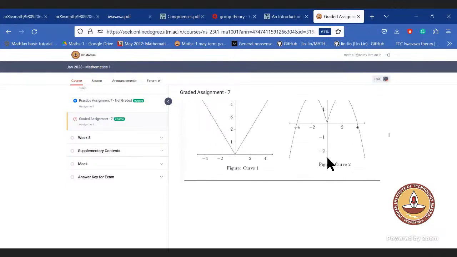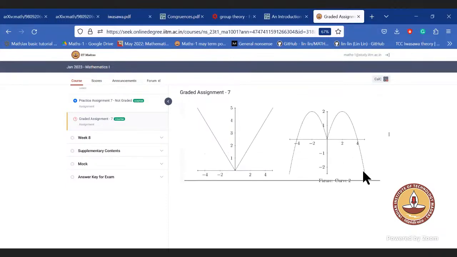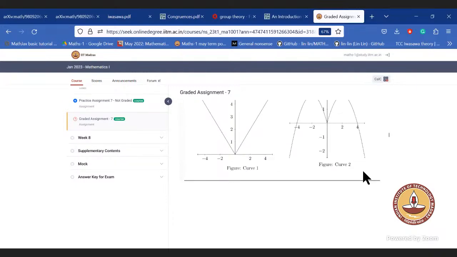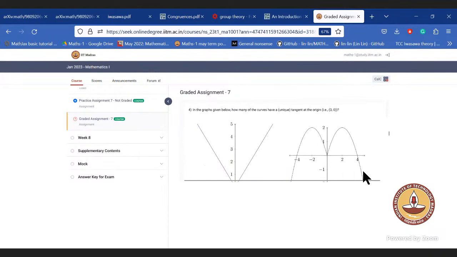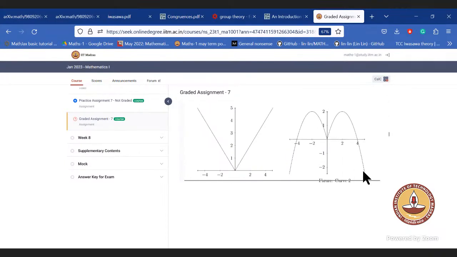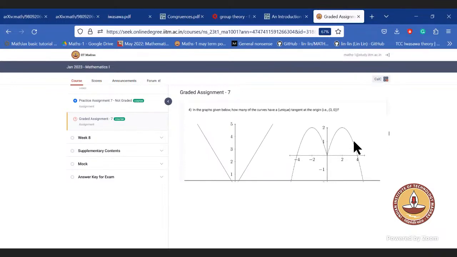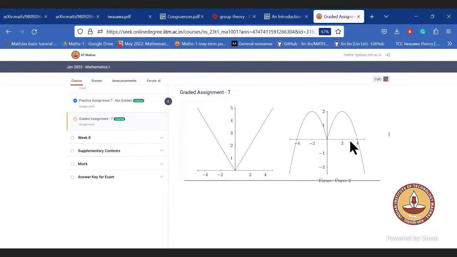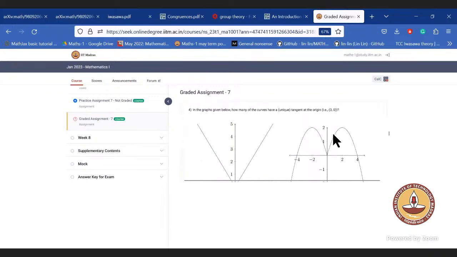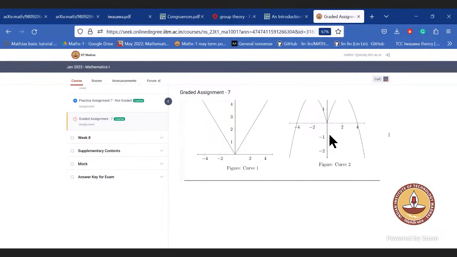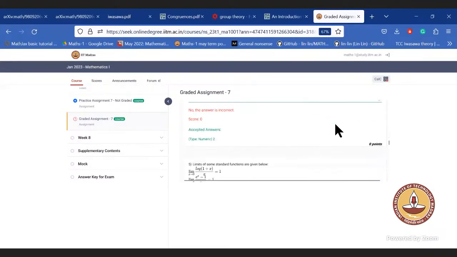In curve 2, you have a problem? Sir, in curve 2, I had a doubt: that it does not have a unique tangent, right? Yes. So what is the exact reason it does not have a unique tangent?